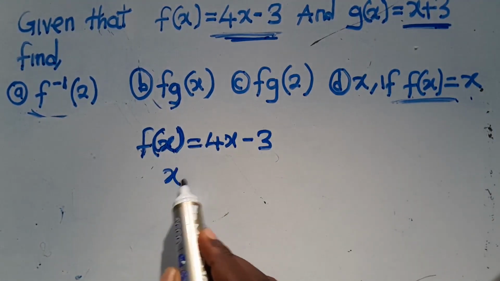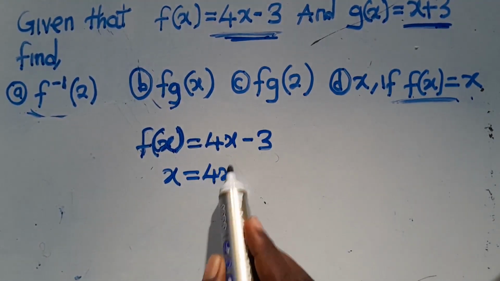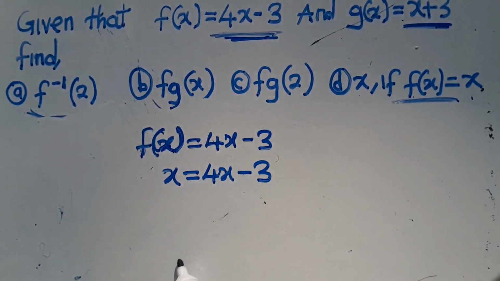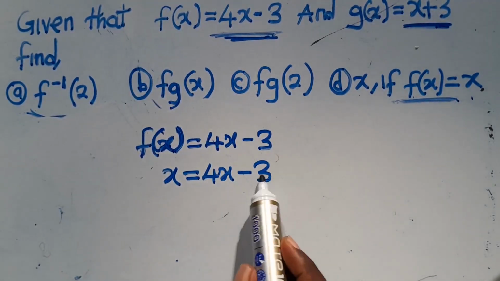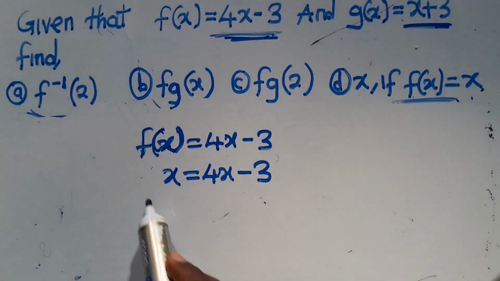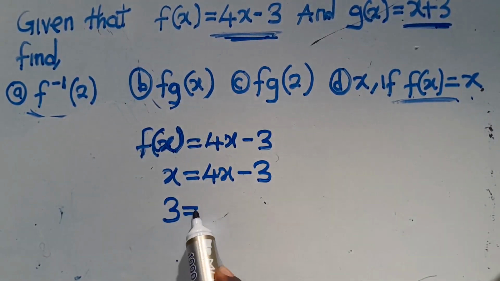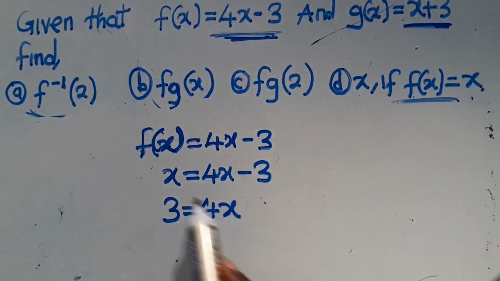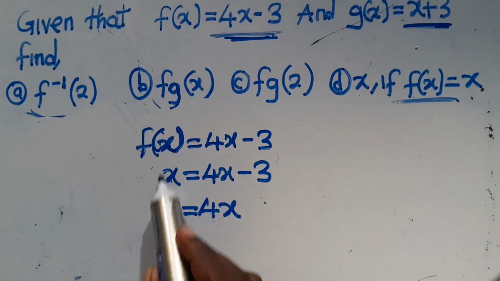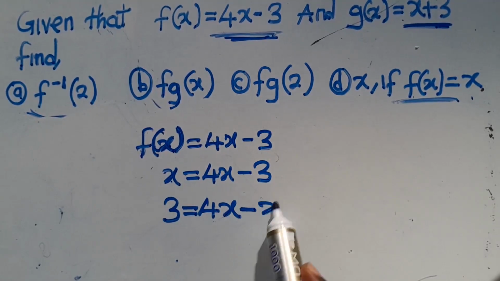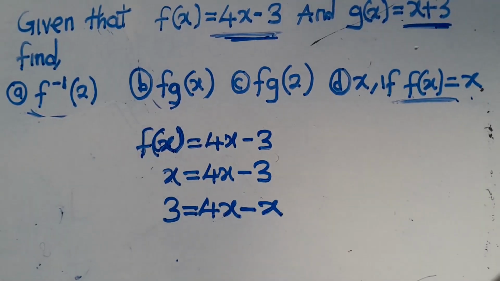So just the same as x is equal to 4x minus 3, like this. Where this 3 will come this side, this is negative. When it comes this side, it becomes positive, which is equal to 4x. This one is x. When x comes this side, it becomes negative x. This is what I've done.